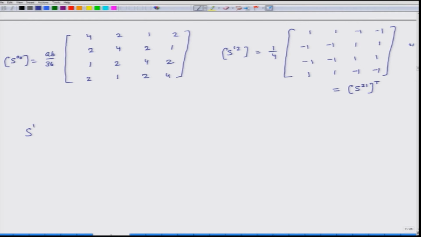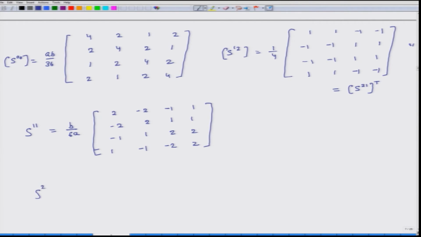And then S11 equals B over 6A times the matrix: 2, minus 2, minus 1, 1, minus 2, 2, 1, 1, minus 1, 1, 2, 2, 1, minus 1, minus 2, 2.